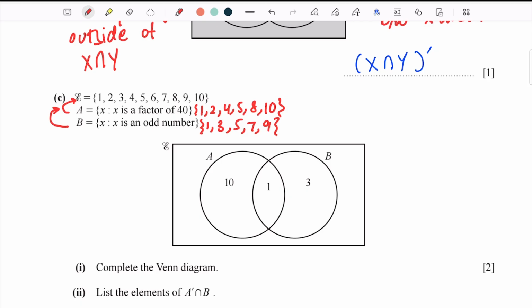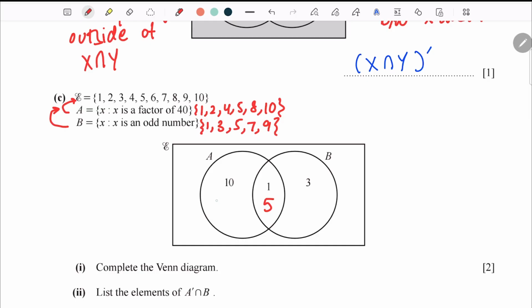To complete the Venn diagram, first I'll be filling in this common space between A and B. In this common space, I'll write all those terms that are present in both set A and set B. 1 is already written. Aside from 1, 5 is also common, so I'll write 5 here. Aside from 1 and 5, all the rest are not common.